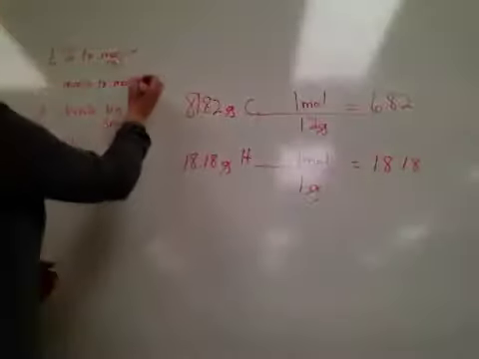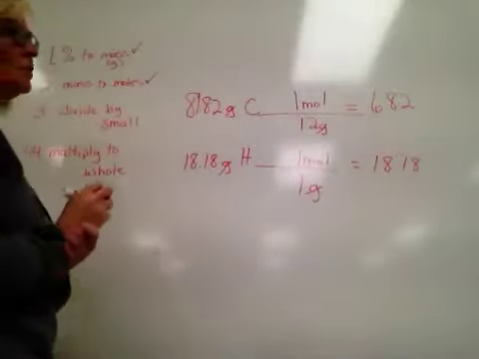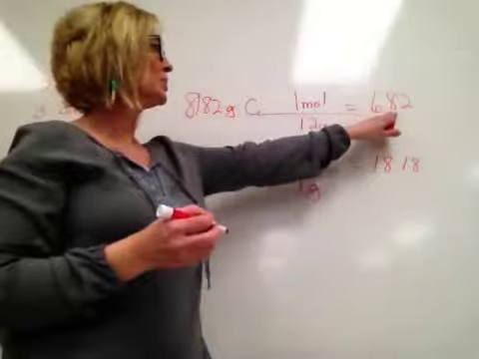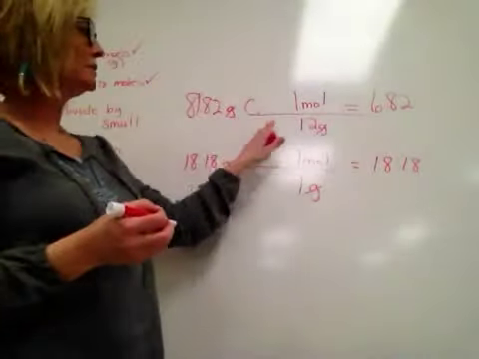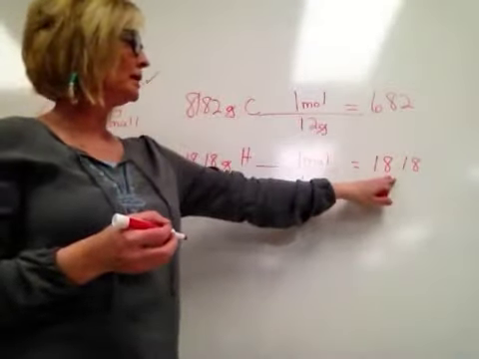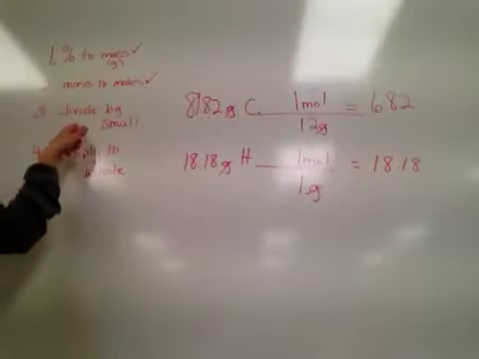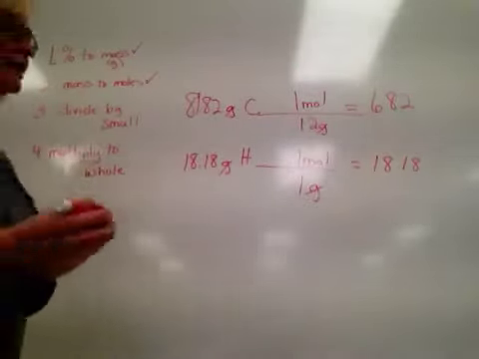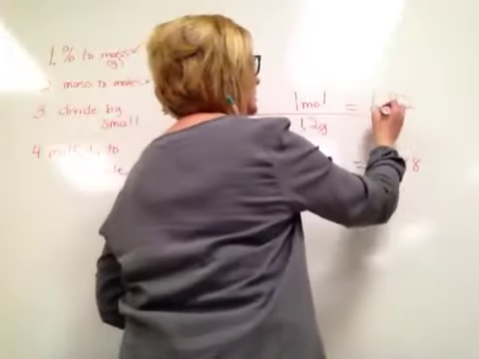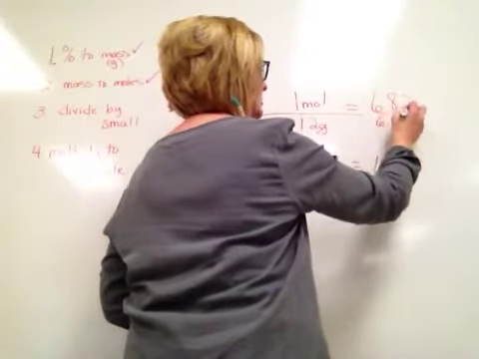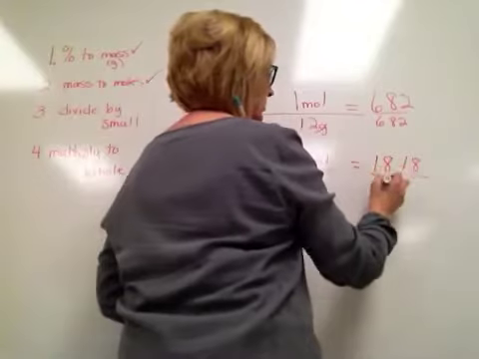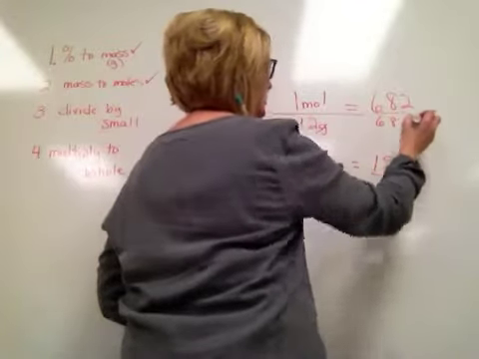Okay, so I have changed my mass to moles. This is 6.82 moles of carbon, 18.18 moles of hydrogen. Step 3, I divide by small. My smaller number is 6.82, so I divide them both by 6.82.